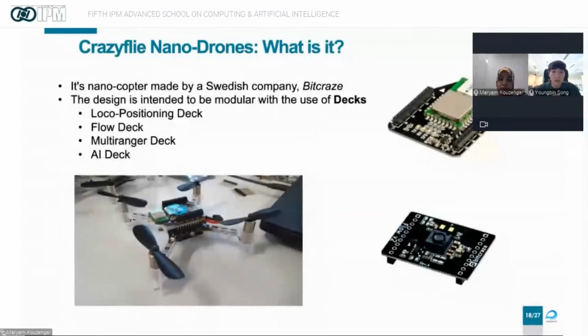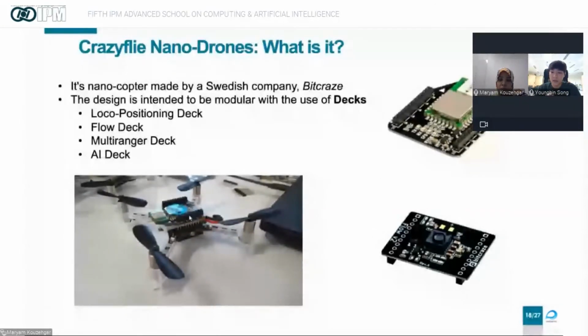So the first thing is, what is this Crazyflie? The Crazyflie is a nanocopter made by a Swedish company called Bitcraze. It's fairly interesting how they designed it, because they all have these so-called decks, which you're able to add on top of or below the drones. On this particular instance, you can see we have the local positioning deck, the flow deck, the multi-ranger deck, and the AI deck.